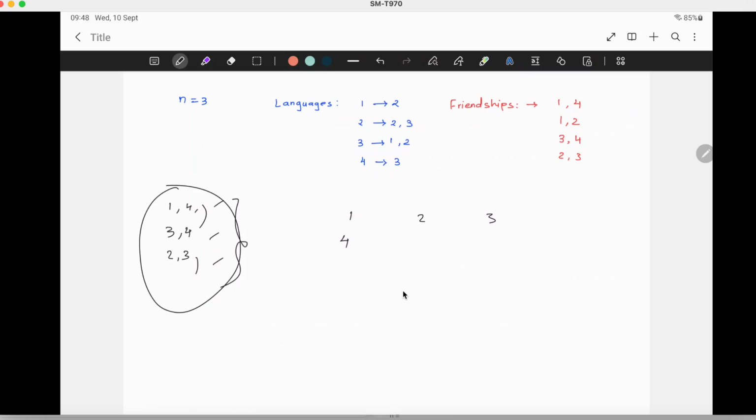Suppose the first language is known by four people, the second language by two people, and the third language by five people. Let us suppose we have 10 persons in total, and out of 10, 5 know the third language, 2 know the second language, and 4 know the first language.